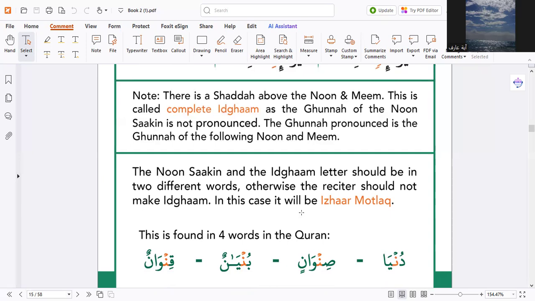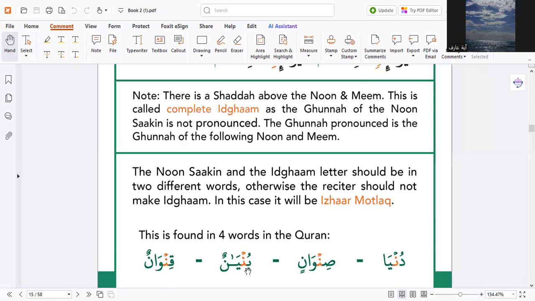The case here is izhar mutlaq, when the noon sakina is in the same word as the idgham letter. This happens in four words in the Quran. Dunya: the noon sakina is followed by ya, but in one word. And also sinwan: the noon sakina is followed by wow, in one word.